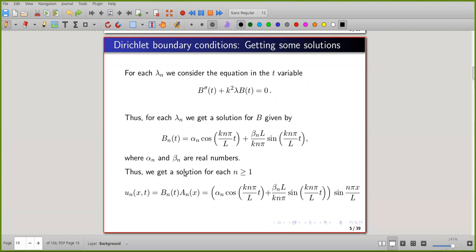So for each n, we get a solution u_n(x, t) is equal to B_n(t) times A_n(x). That's of this type. And we are looking for a series solution of the type u(x, t) is equal to the summation over n greater than or equal to 1 of u_n(x, t).